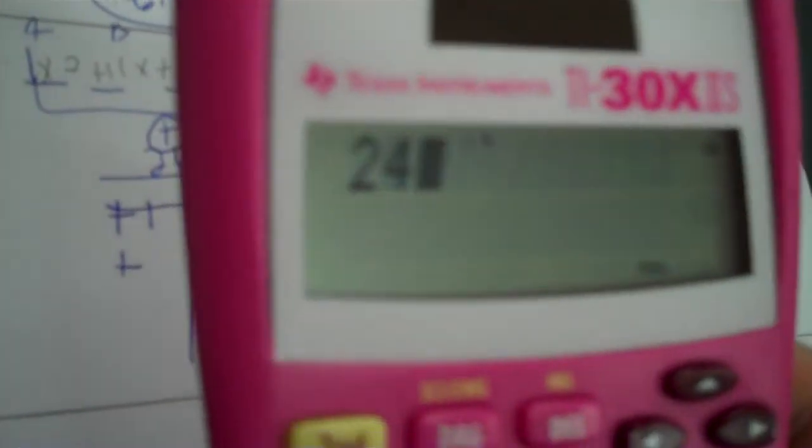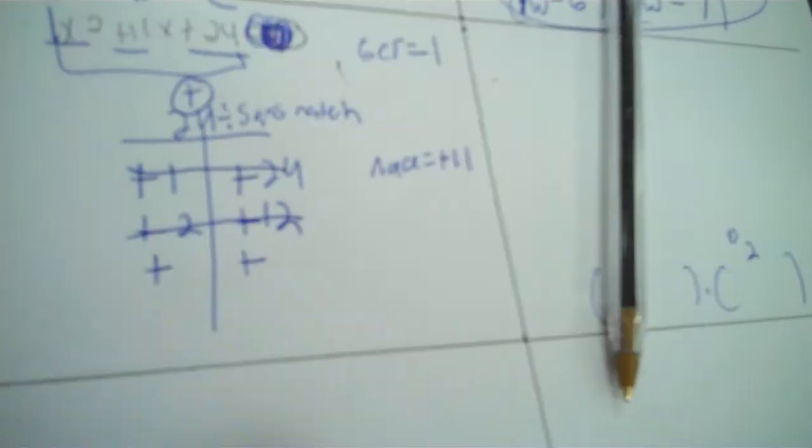So start dividing. So 24 divided by 1 is 24. So I put the number I divided by and the answer I got. But that does not add to 11. It's 25. 24 divided by 2 is 12. 14, nope. 24 divided by 3 is 8.